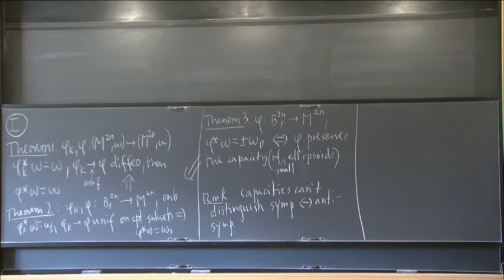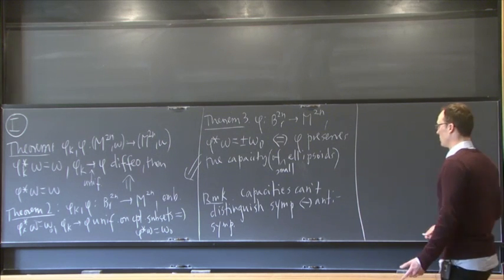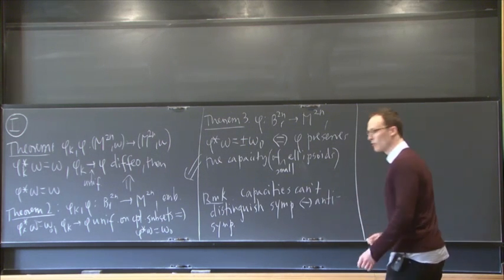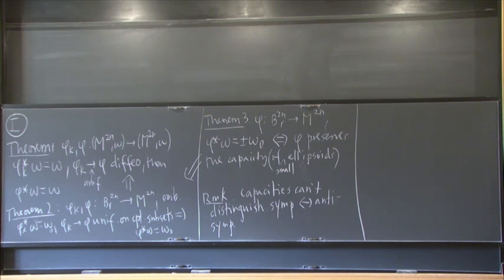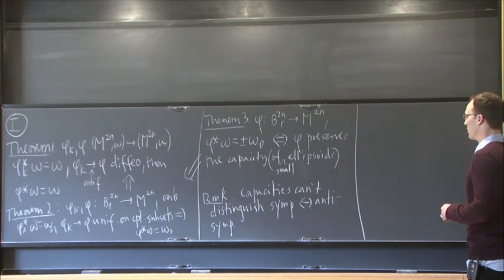It's one of the axioms of capacities, but for me, in essence, that if you have an ellipsoid, you can always find an anti-symplectic diffeomorphism that maps it to itself. So that's, in essence, the reason why you can't tell the things apart.